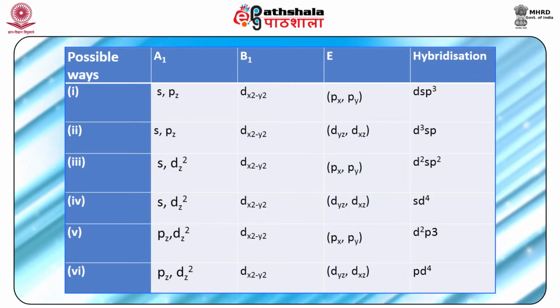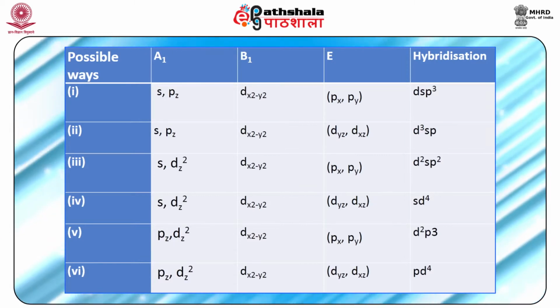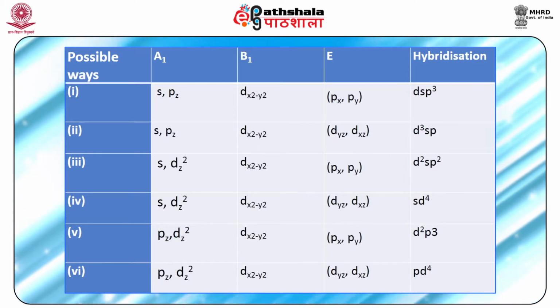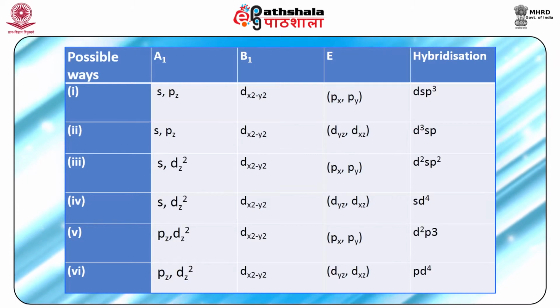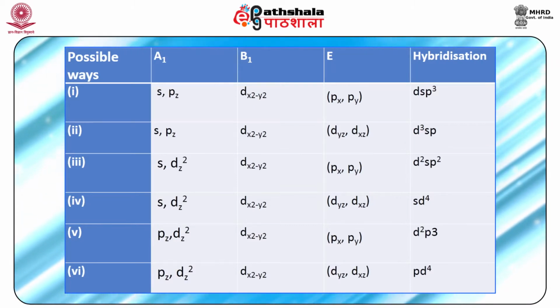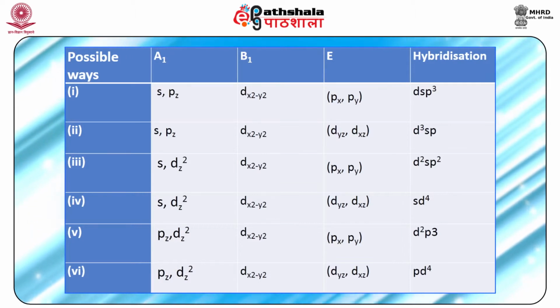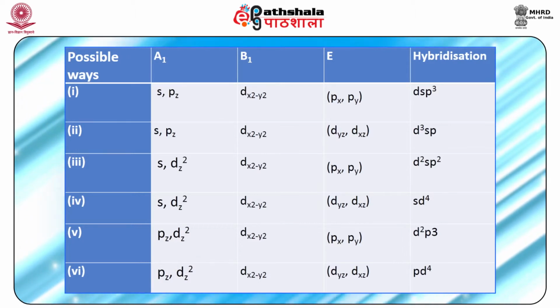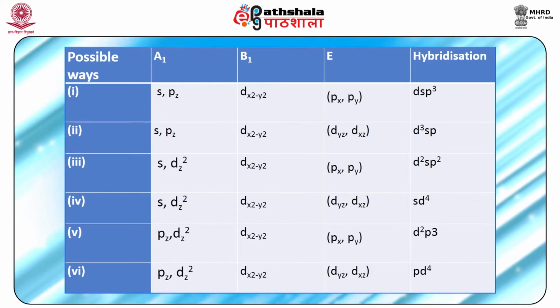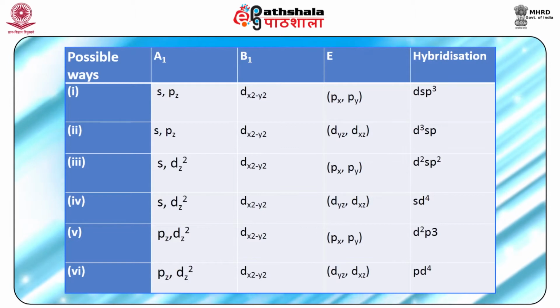Number 4 is s, dz square, dx square minus y square, dxy, dxz, that is sd4. And next is pz, dz square, dx square minus y square, px, py, and the hybridization is d2p3.